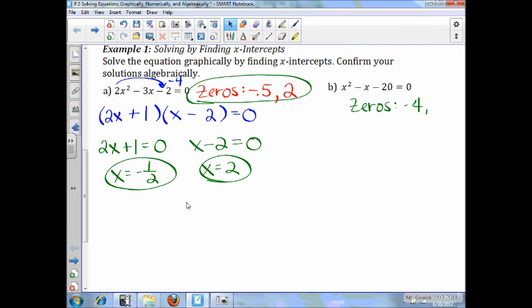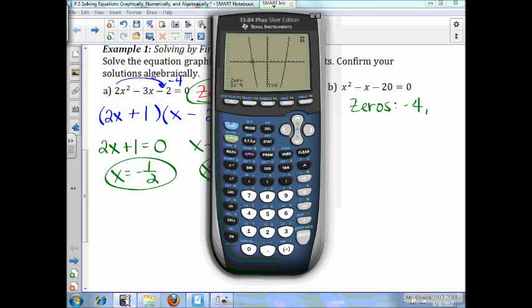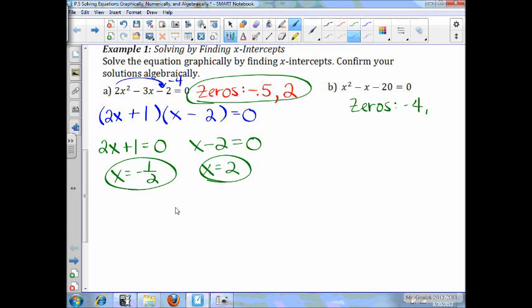My second zero, again, we're going to use your arrow keys. And there's your second zero at 5.